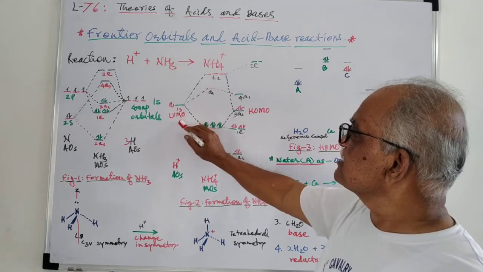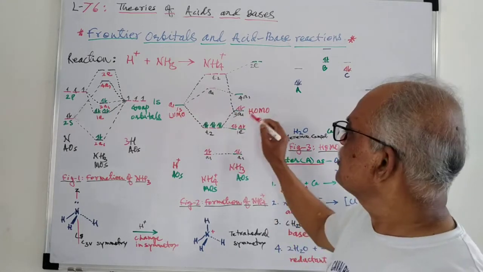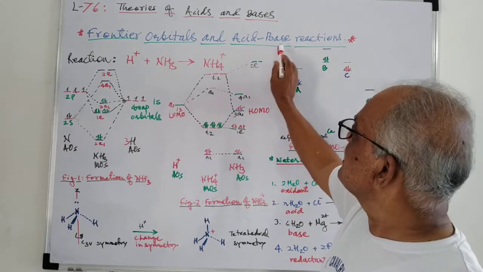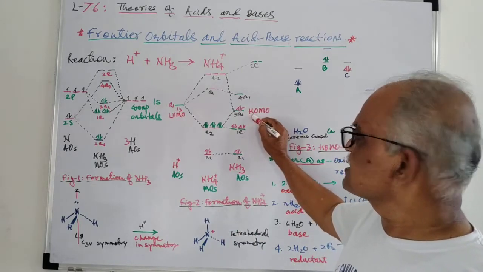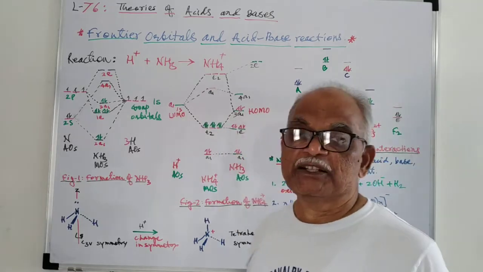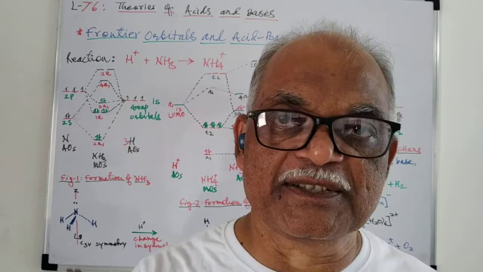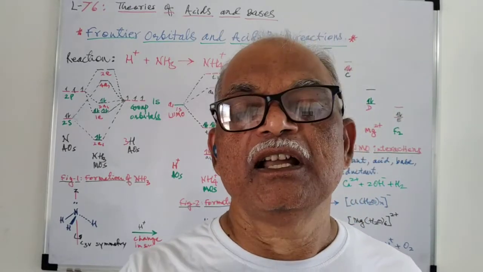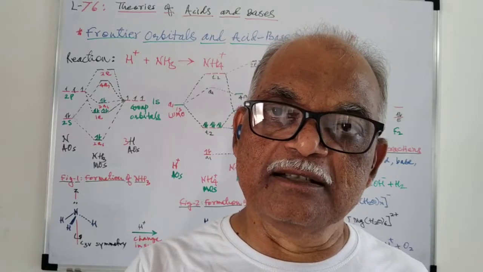The interaction takes place between this LUMO and HOMO, and therefore during the acid-base reaction or any other reaction, the reaction takes place between the HOMO and LUMO, and therefore these two orbitals are called frontier orbitals, and these are actually involved in a variety of reactions, or in this case the acid-base reaction.